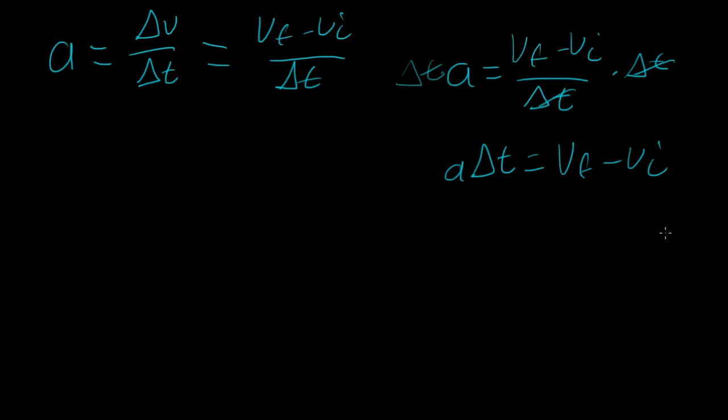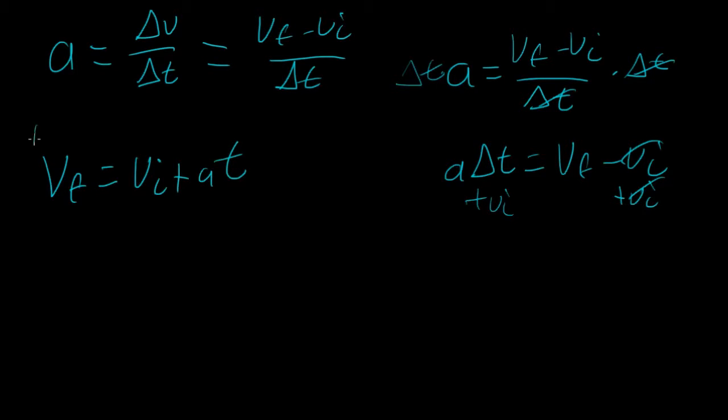And we can solve this for Vf by adding Vi to both sides. It cancels over here. So we get another new equation: Vf equals Vi plus a delta t. Final velocity equals initial velocity plus acceleration times time.